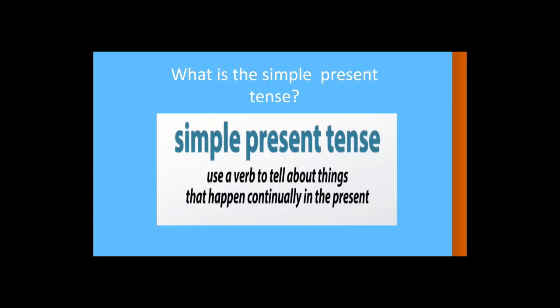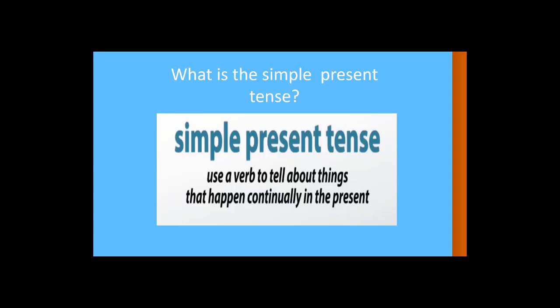Just to remind you that sometimes we can say simple present tense, and sometimes you will hear present simple tense. They mean exactly the same thing, and people use them interchangeably. Okay, so the simple present tense, we use a verb to tell about things that are happening continually in the present.